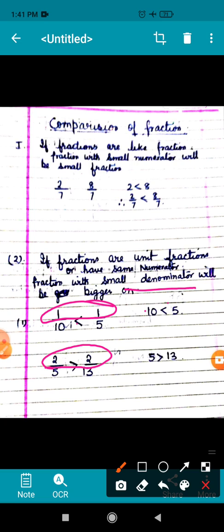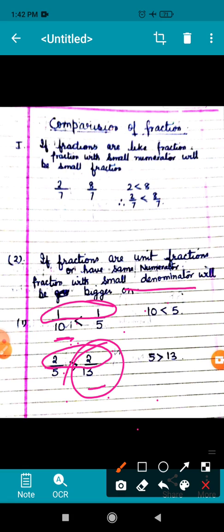Here 10 is a bigger number, so this will be the smaller fraction. So 1 by 10 is smaller than 1 by 5, and here 2 by 5 and 2 by 13, 2 by 13 is the smaller fraction.